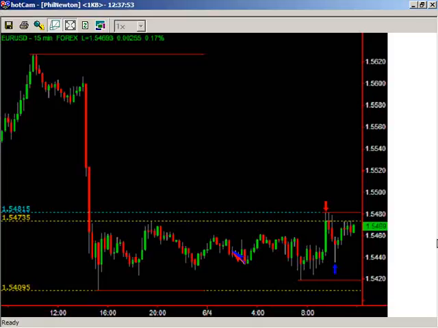If price goes up and breaks through the high of the range, I'm looking for a pullback entry. If price goes through the low of the range, I'm also looking for a pullback entry. So I've now got a plan of action for the three ways that market can go. Price can go up, price can go down, price can go sideways. I've got a plan for each eventuality, and a situation where I can trade any direction that happens.